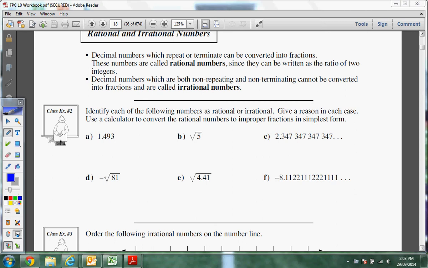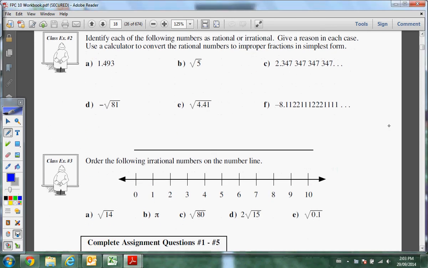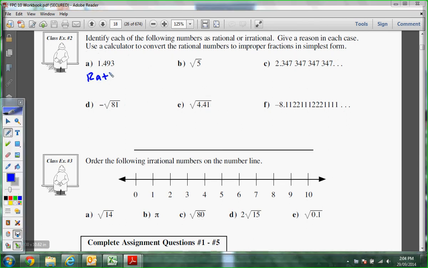Okay, all right. Identify each of the following numbers as rational or irrational. So 1.493, is that terminating? Yeah, so it's rational. Okay, how about root 5? Probably not.